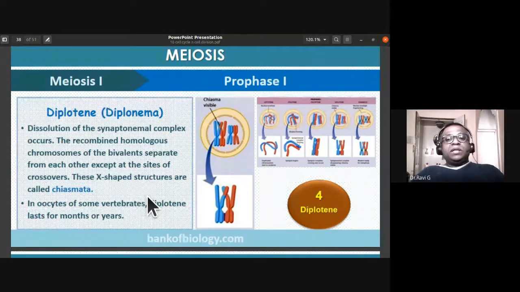In diplotene, there is a dissolution of the synaptonemal complex. The recombined homologous chromosomes of the bivalents separate from each other except at the site of crossover. These X-shaped structures, the crossovers, we call chiasmata.